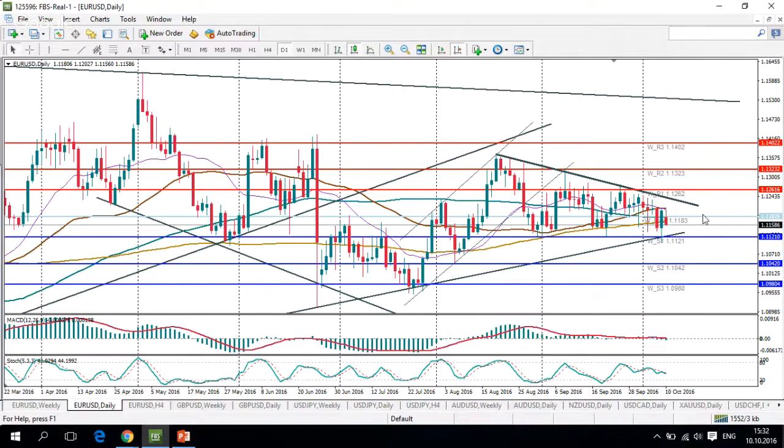Weekly pivot indicator showed that the pivot point for this week is lying at 1.1183. We are currently trading below this level, and it means that the euro is in negative territory. Next support levels below 1.1120 will be around 1.1040.